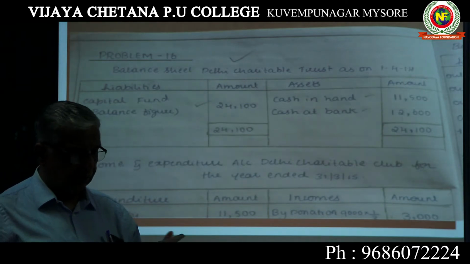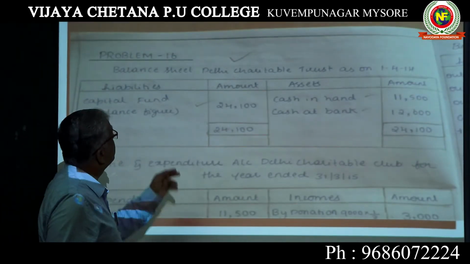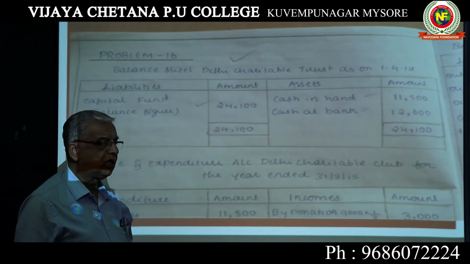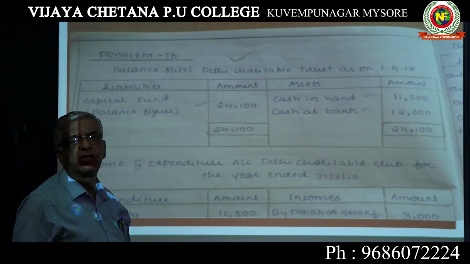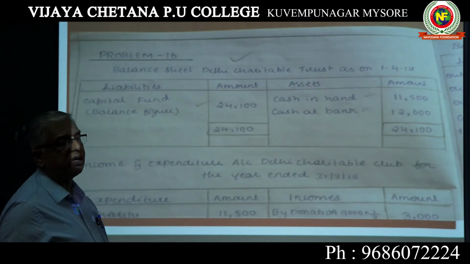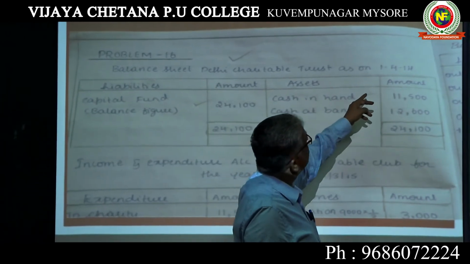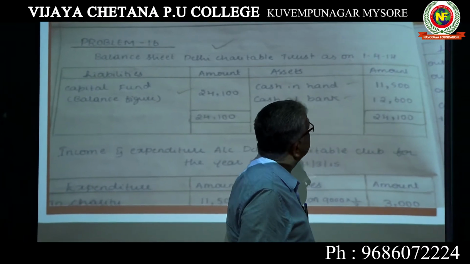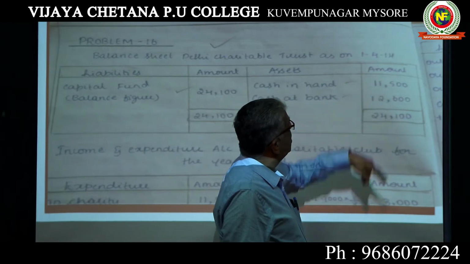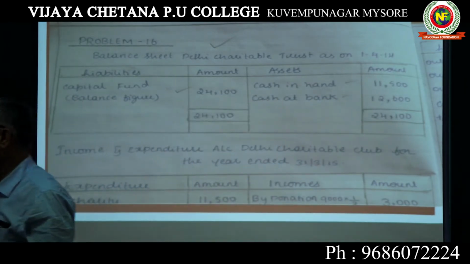Now, with the help of this, firstly we have to prepare the opening balance sheet to find out the capital fund, students. The opening balance sheet of Delhi Charitable Trust as on 1/4/2015, because here our book year changes.